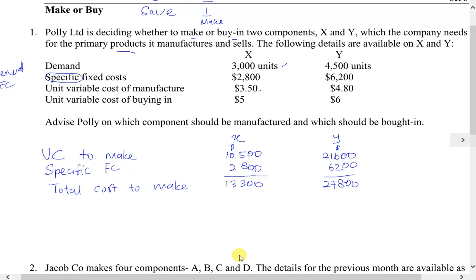So what is my cost to buy? If I plan to buy, it's going to be $5 times 3. Here, it's going to cost me $6 to buy. I'm going to buy all 4 or 5 components. 27,000.